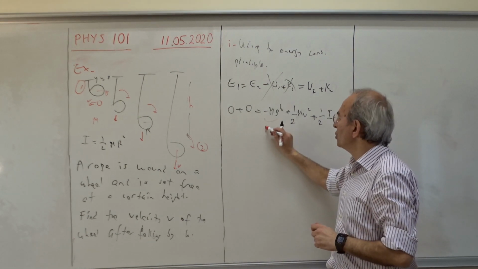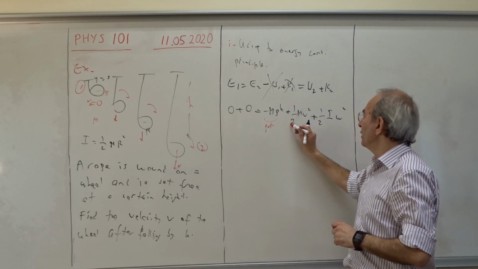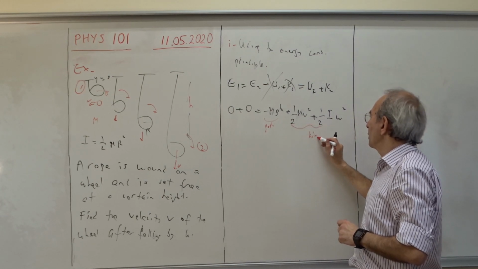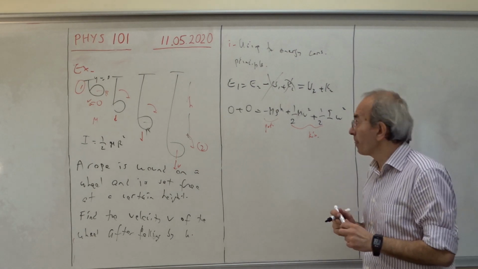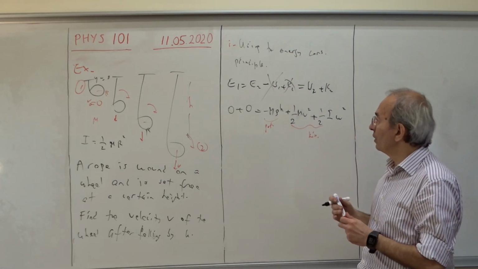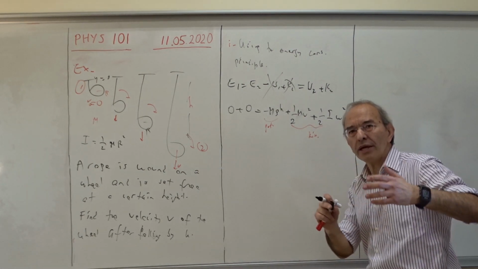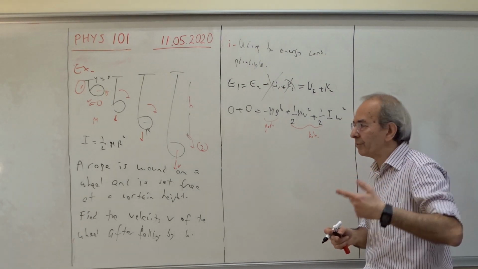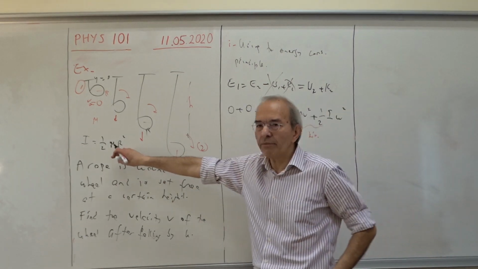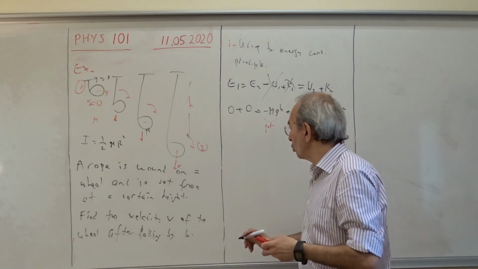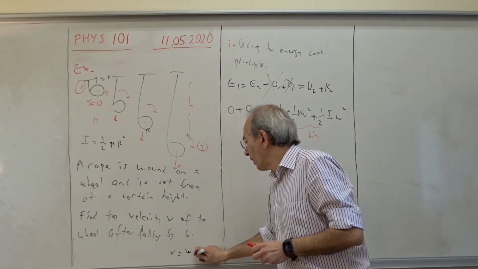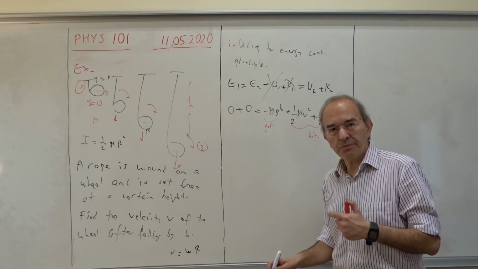So this is the potential, and these are the kinetic energy terms. But as you see, there are too many letters: capital M, capital I, omega, V. However, they are related because I is anyway 1/2 M R squared. And V and omega are also related by omega times R equals linear speed V.